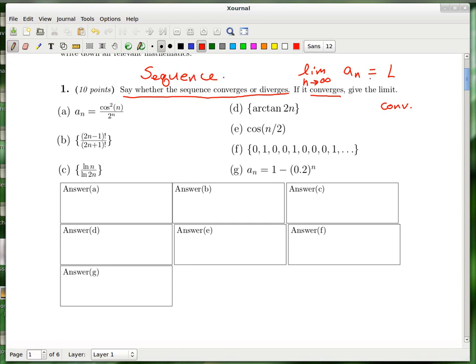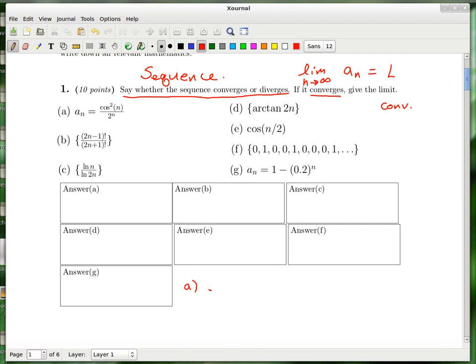Even if you didn't understand this, I think you're going to understand it as we do 7 examples. Let's just start with A. Let me copy the problem down here. We want to tell whether this sequence an equals cosine squared n over 2 to the n converges or diverges.